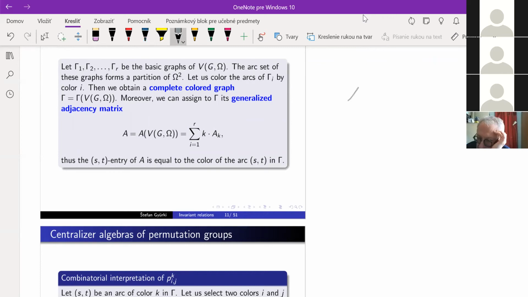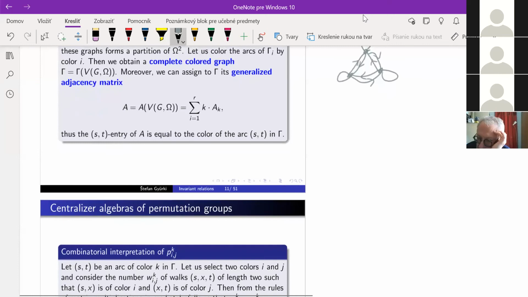For example, the complete graph on 3 vertices looks like this with loops. Since each pair belongs to some two-orbit, I will assign to the corresponding dart the color of that two-orbit.